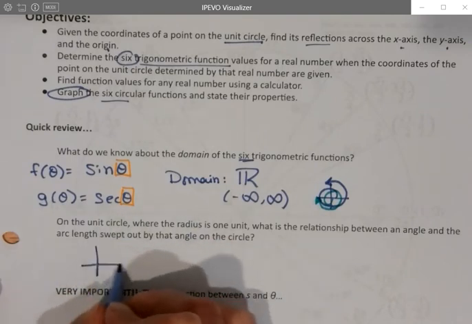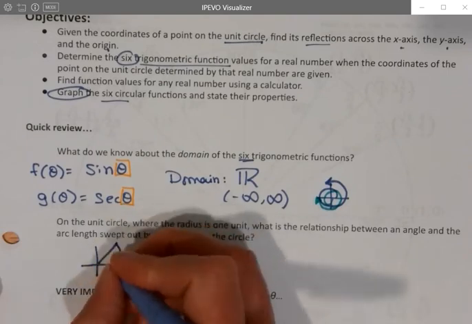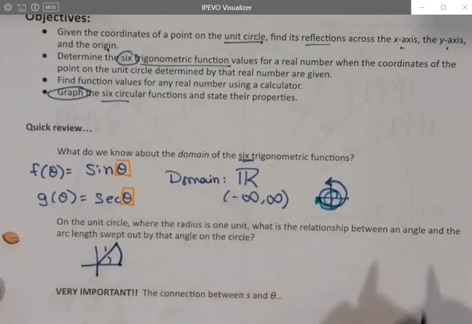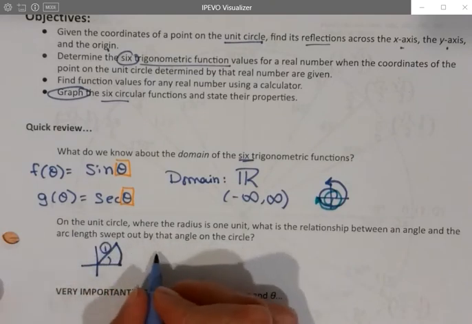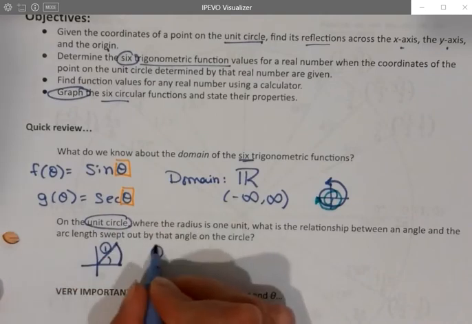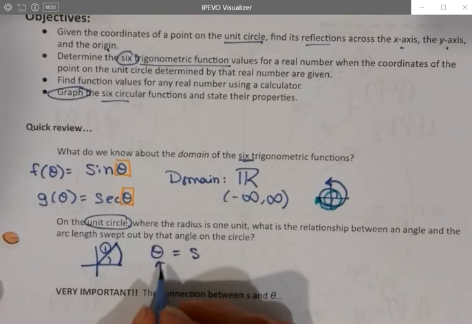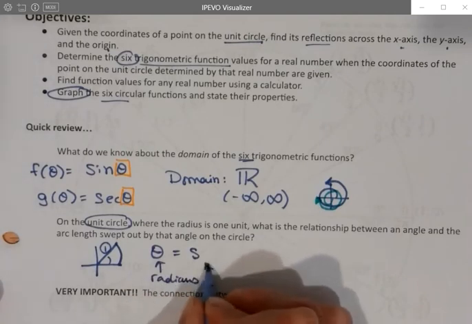So whatever your angle happens to be, the arc length was equal to the angle because it's a unit circle specifically, so the radius is 1. So on the unit circle, theta is equal to s, the arc length, as long as theta is in radians.